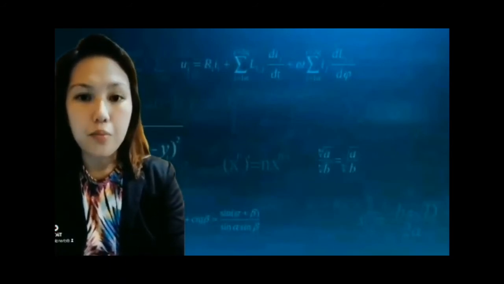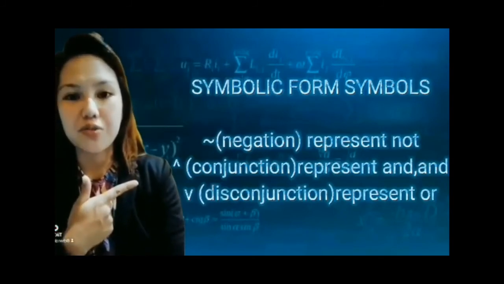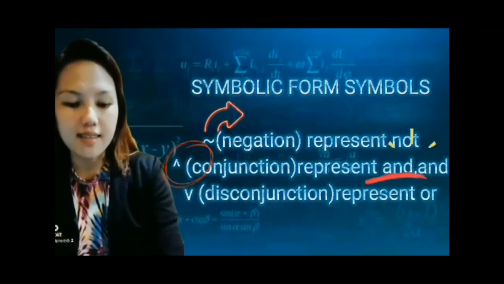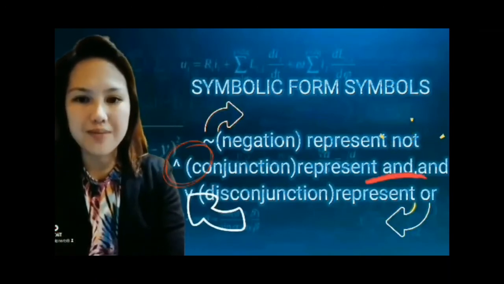What we do now is use our little math skill so we can translate the symbols into something more understandable. But first, we have this symbolic form: negation for not, conjunction for and, and this conjunction for or.